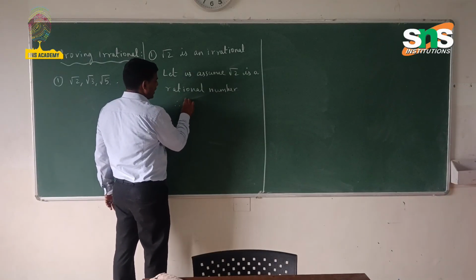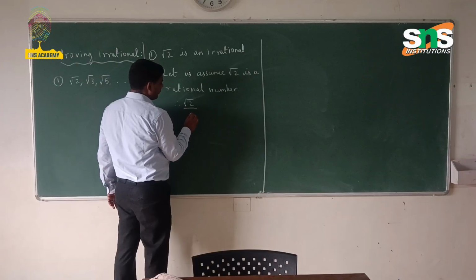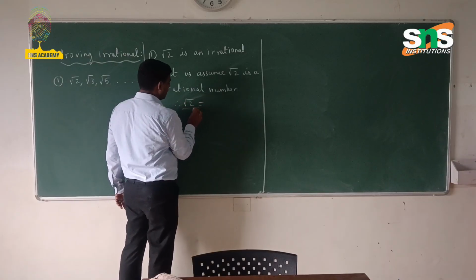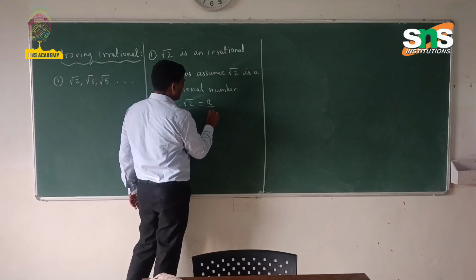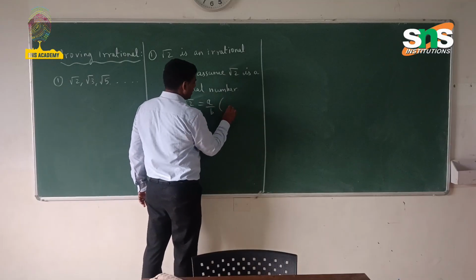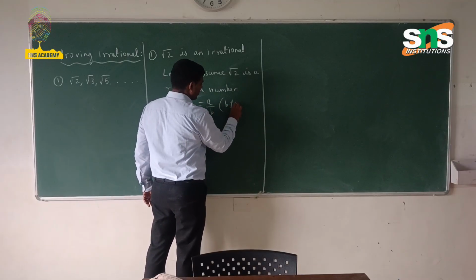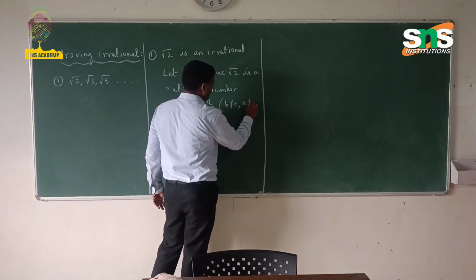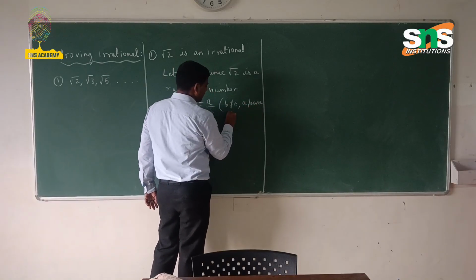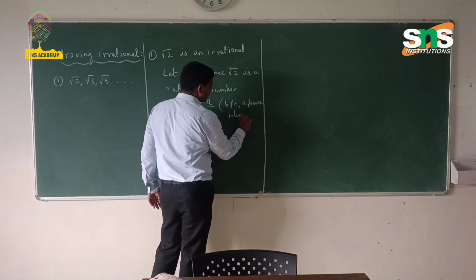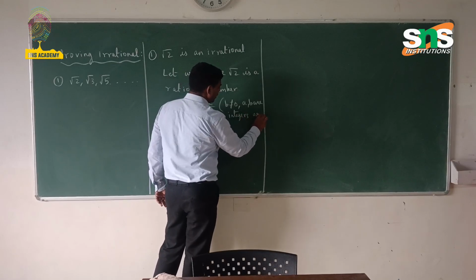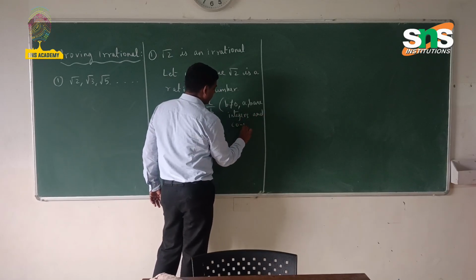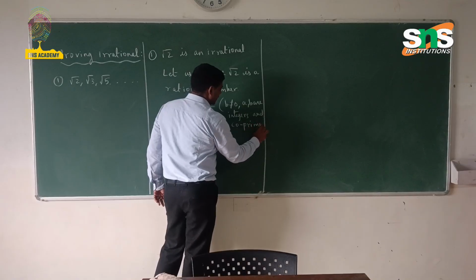Therefore, we can say root 2 is equal to a by b, where b is not equal to 0, and a, b are integers and co-prime. So this is the condition we will be taking care of.